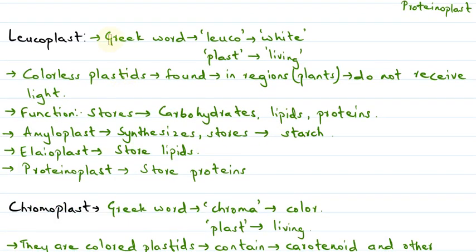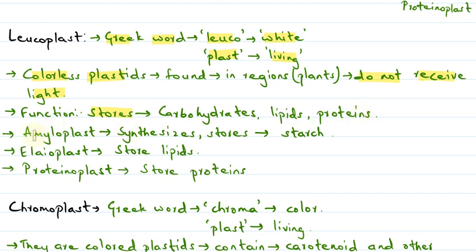We discussed leucoplast. It is derived from the Greek word leuco, and this leuco means white, and the word plast means living. So these are colorless plastids. They are found in different regions of the plants which do not receive sunlight, and their main function is storage of carbohydrates, lipids and proteins.